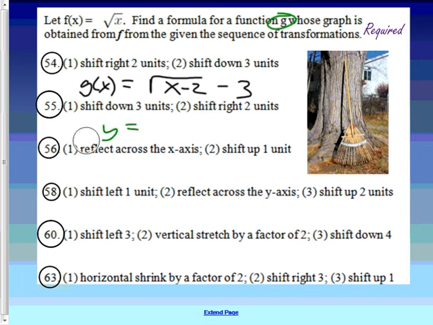No, it's not y you're making. You're making a function g. And all it is, just start with the square root and then figure out how to do what they ask. Take your x and shift it down 3. Hopefully you know whether that's inside or outside. And shift it right 2. Hopefully you know if that's inside or outside.